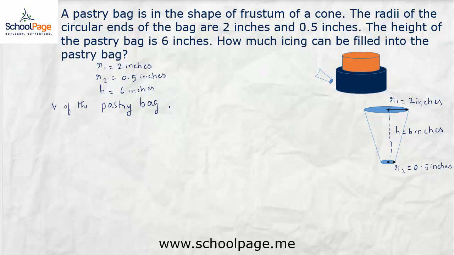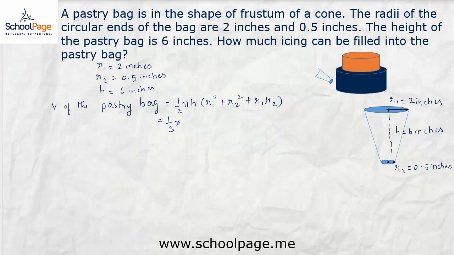And because the pastry bag is in the shape of a frustum of a cone, we will write the formula for finding the volume of the frustum of a cone, which is 1 by 3 pi h into R1 square plus R2 square plus R1 R2. Now let us substitute the values.